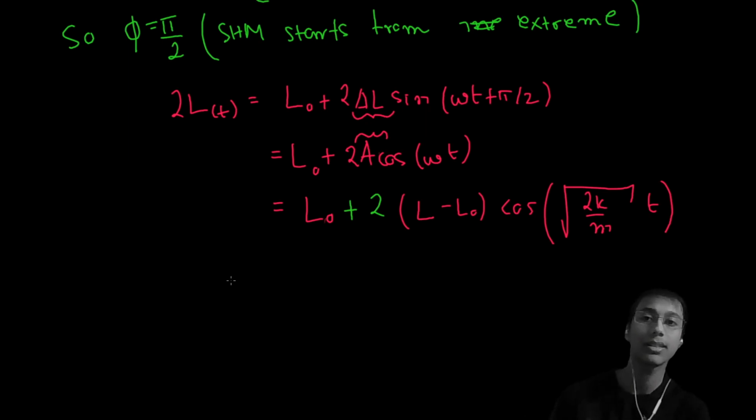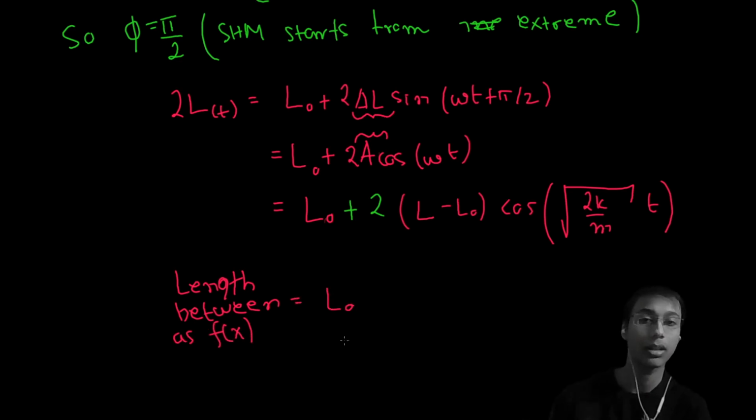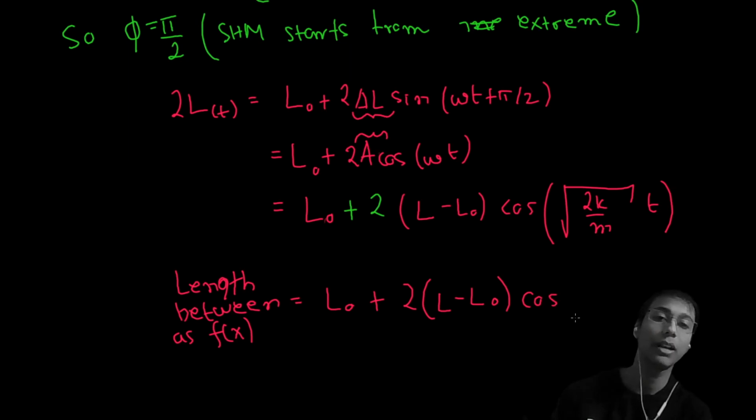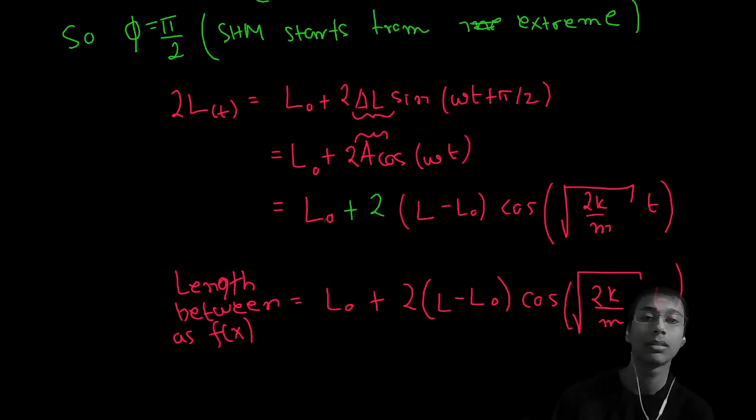So that gives us our length between the balls as a function of time equal to L0 plus twice the amplitude, which is L minus L0, multiplied by cosine of the omega, which is this. If you see, this is nothing but our option A.